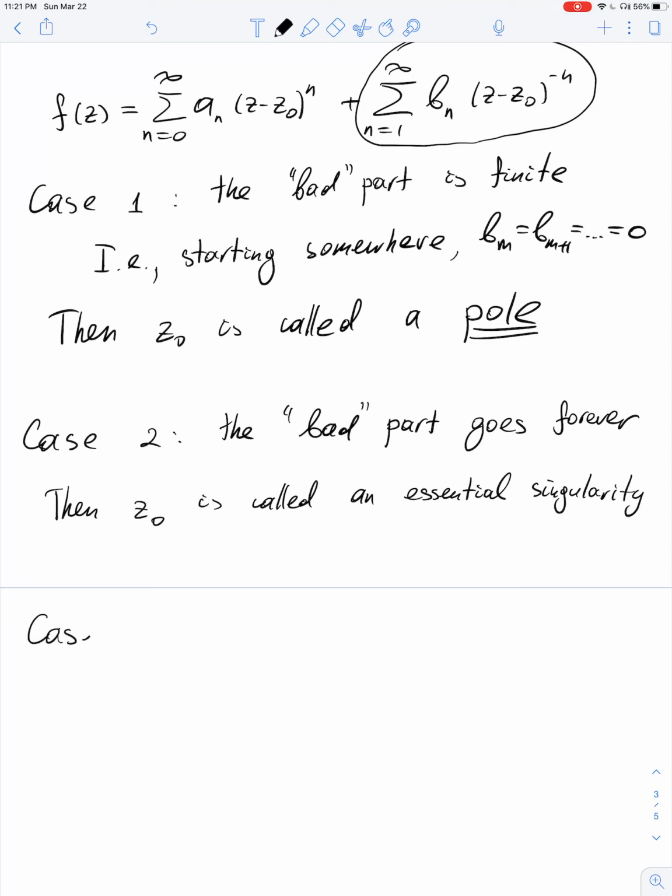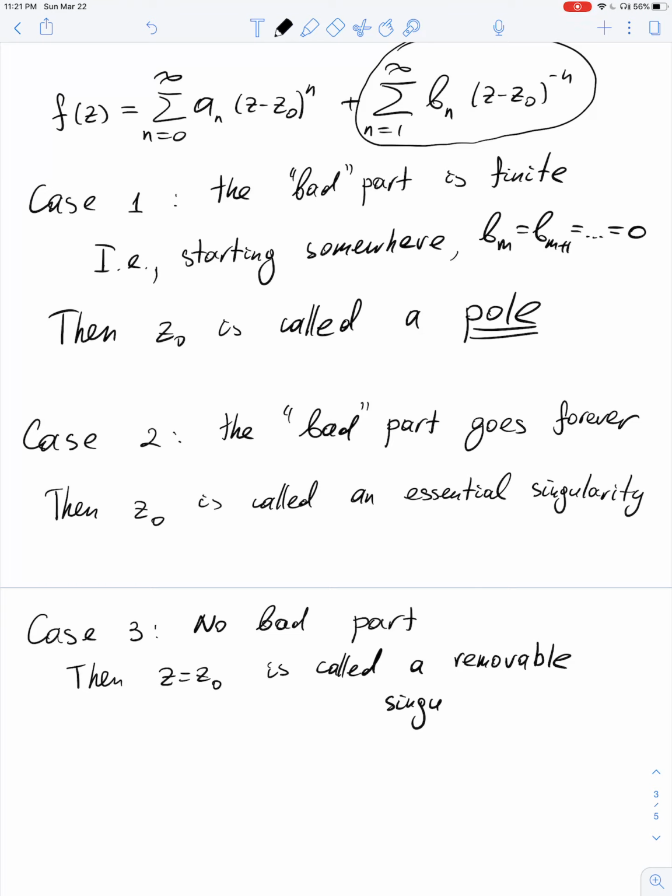And then the best one is case 3: no bad part, which means that f was in fact analytic at z0. So there's no name for z0, it's not actually a singular point, and it's called a removable singularity. Removable means that we can just extend f, define it at z0.